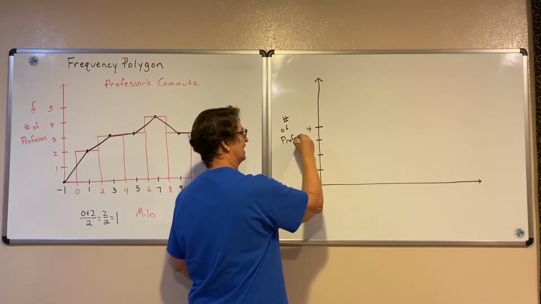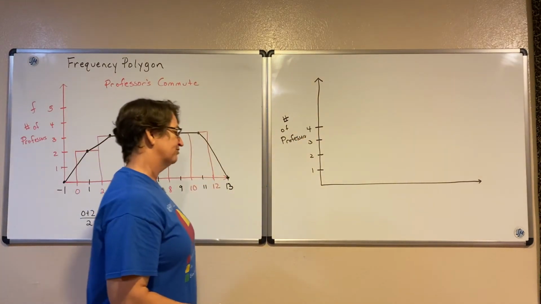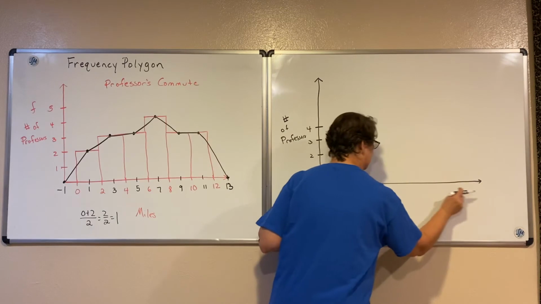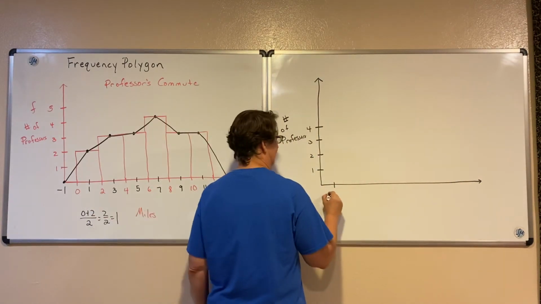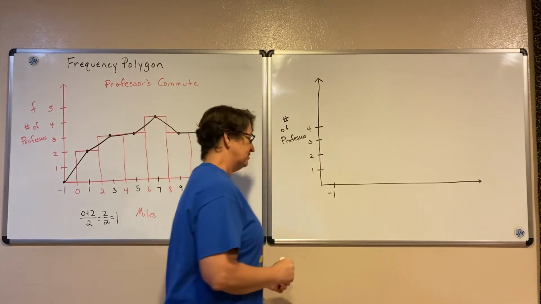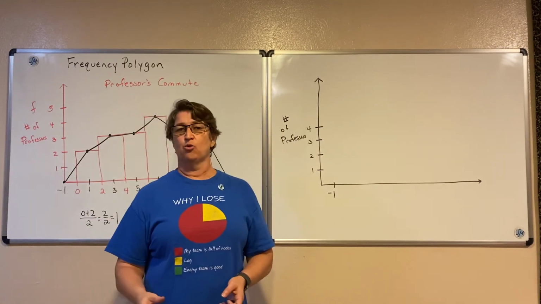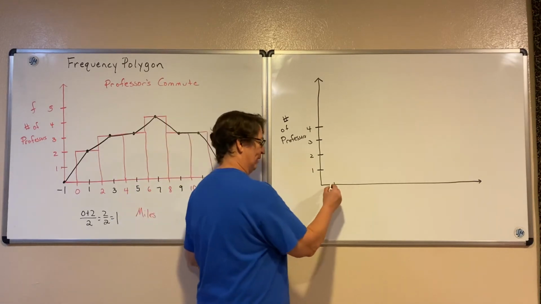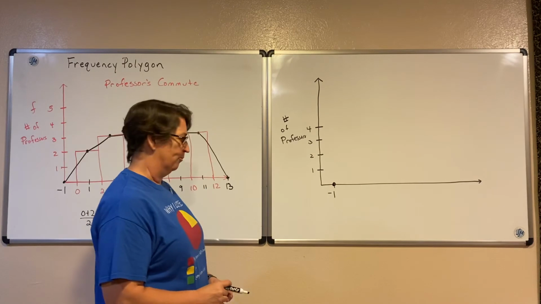That is still the number of professors. So I still need labels, just like I do on my histogram and bar graphs. Then here, I'm going to count across. I'm going to start at that lowest value of -1. This represents the class that was before 0, and there were 0, no data points that were below 0.